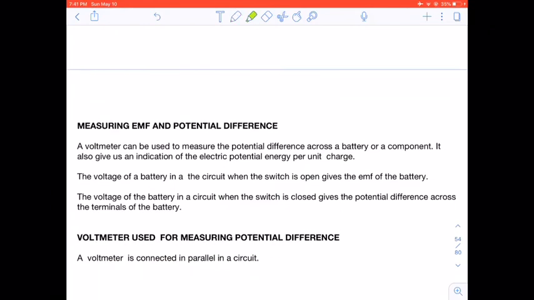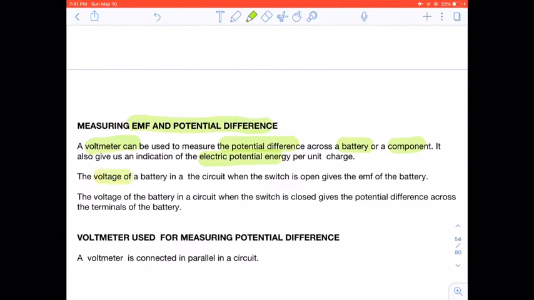Alright, now measuring the EMF and potential difference. A voltmeter can be used to measure potential difference across a battery or a component. And it gives us an indication of the electric potential energy per unit charge.